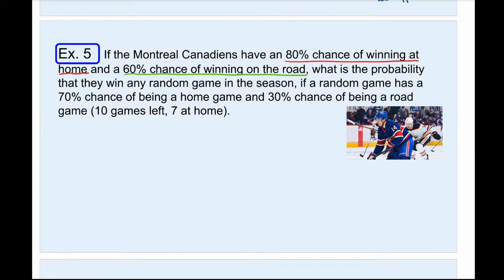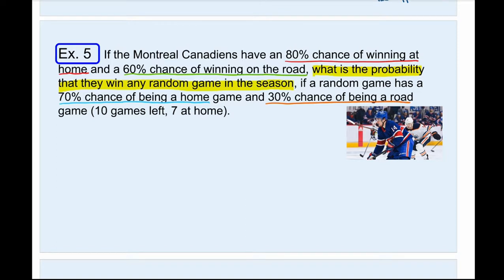What is the probability they win any random game in the season? That is what we're being asked. If a random game has a 70% chance of being at home and a 30% chance of being a road game.